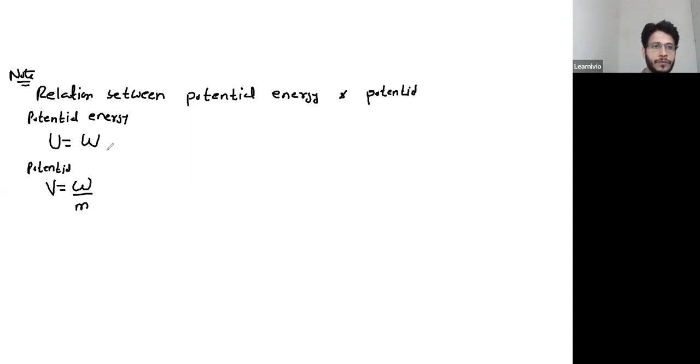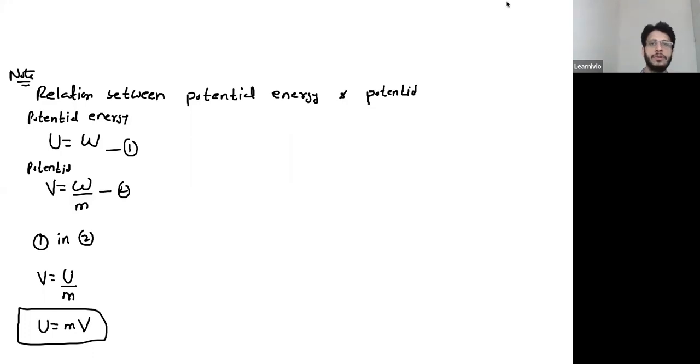This is the definition of potential energy that we did, and this is the definition of potential. You can easily substitute 1 in 2. When you substitute 1 in 2, V comes out to be U by m. Or you can write that your potential energy is mass into potential. So that's the relation between potential energy and potential: potential energy is mass into potential.